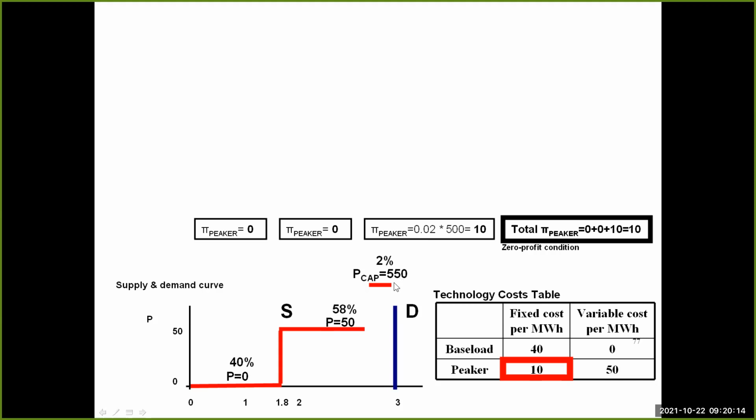And you see, oh well, regulators happy. The price spikes are capped. They're never higher than 550. But the time that there will be a shortage is now suddenly much bigger. That's 2%, which is actually quite large. 2% is 200 hours in a year. That's a lot. So 200 hours in a year, there will be some people that are disconnected.